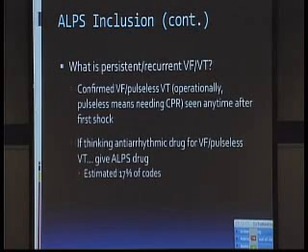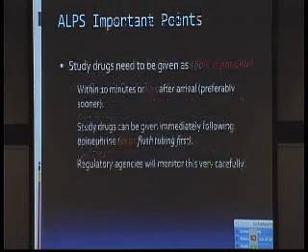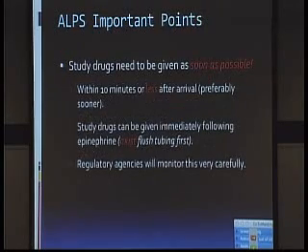So what is persistent recurrent VF or VT? Anyone who has VT but needing CPR after the first shock. And so if you are thinking about giving the antiarrhythmic drug, that's when you would give the ALPS drug. Preferably, we're going to give these as soon as possible.